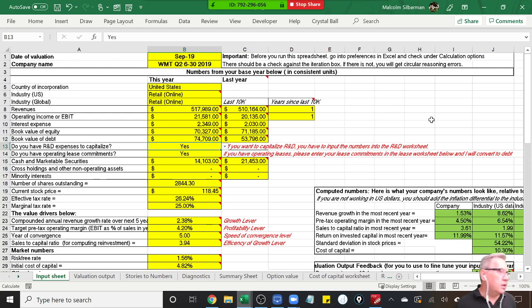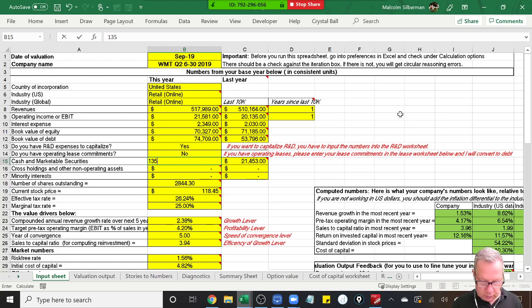All right, for the moment, I'm going to say no to operating leases, yes to R&D, although we haven't got the R&D numbers yet, but don't worry. Cash and marketable securities: 13,597.